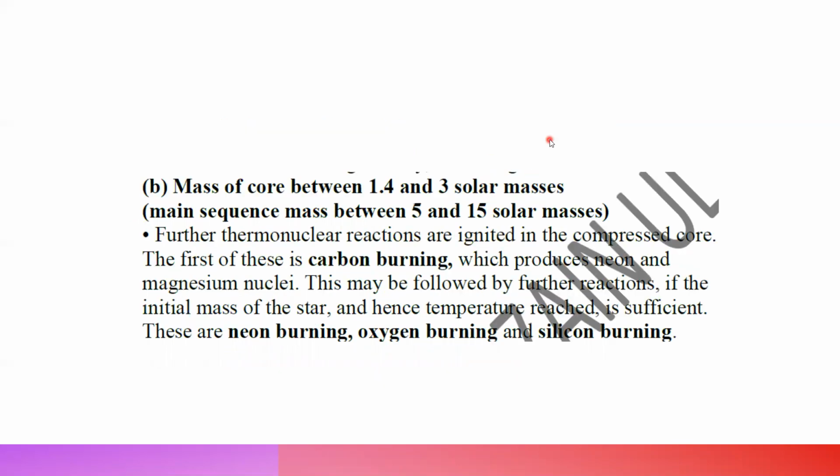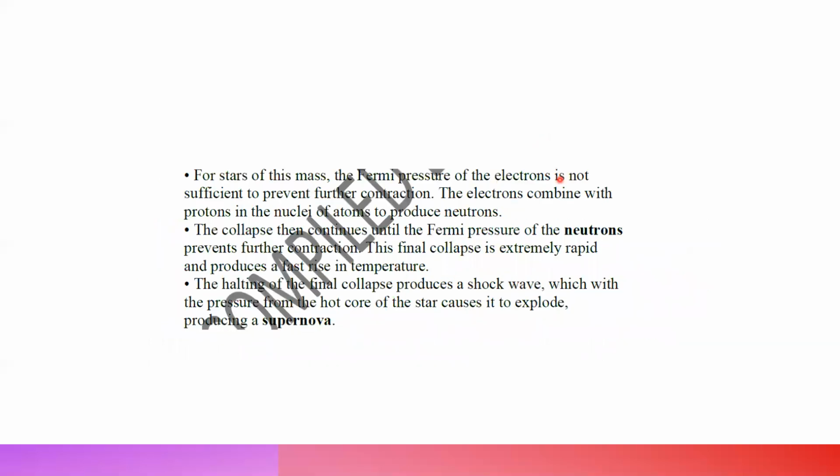If we have a core mass between 1.5 to 3 solar masses, or 5 to 15 times the solar mass, then further thermonuclear reactions take place: first the carbon burns and then the other elements. The star reaches a red giant, turns into a blue giant, and then there is a supernova which results in the formation of a neutron star or a black hole.